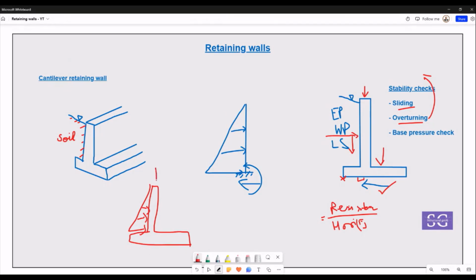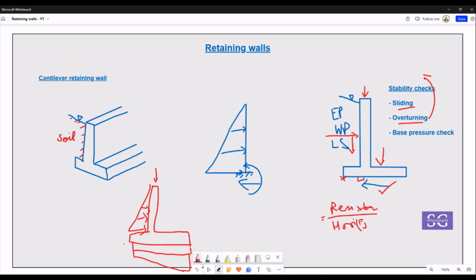For the vertical load, we'll have a base pressure which is uniform, and also we'll have a base pressure because of this horizontal load, where this part of the base will start to lift up, and here we'll have more compression, which will come something like this. So overall we need to check whether or not the base pressure is okay, or is it generating any loss of contact for us.